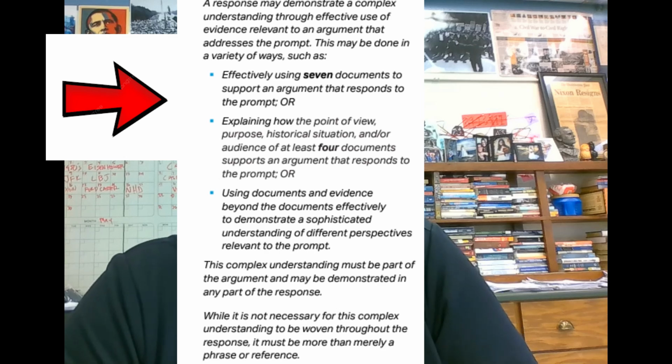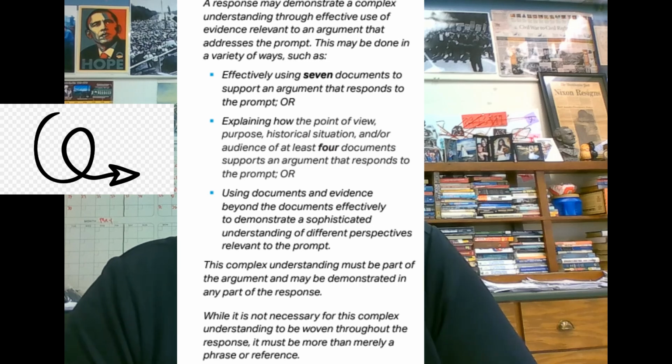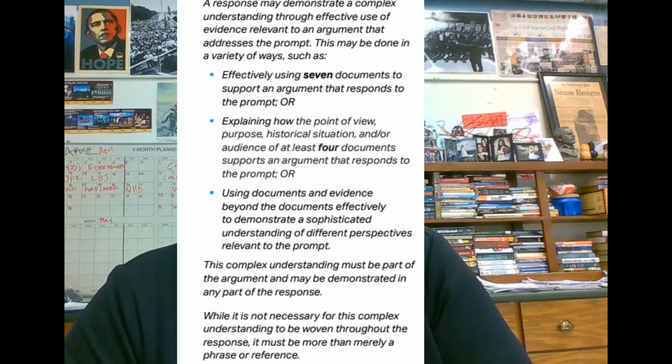Or you can do the historic situation, intended audience, point of view, and purpose for 4 of the documents. So you get 1 for contextualization, you get 1 for thesis, you can get 3 points for evidence, and then of course you can get 2 points for your analysis and complexity.